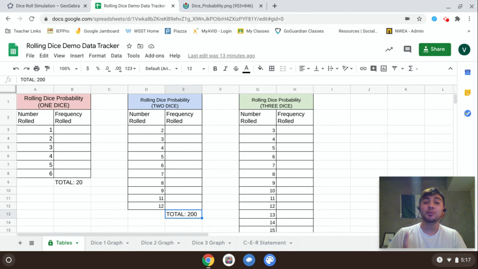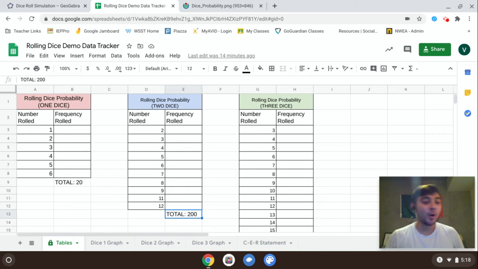And last one, what is reasoning? Good job. Reasoning justifies your proof. Reasoning actually explains why your evidence is supporting your answer. Kind of like a trickle down effect, right? So we got claim, then evidence, then reasoning, and it all stacks up on top of each other. Very good job.